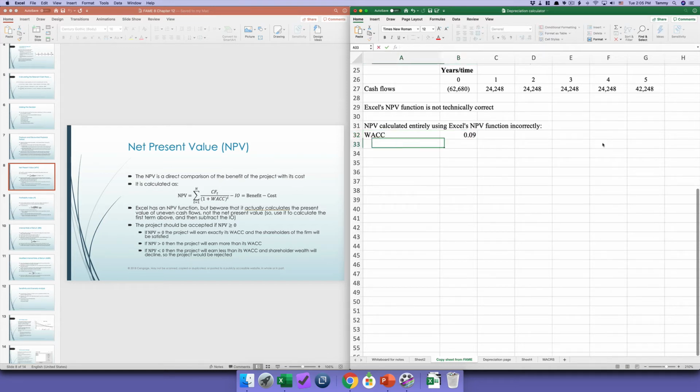Okay, so all you do to calculate it, so here's our incorrect calculation. It's a very simple function. Go NPV, here's our rate, put in a comma, and just grab those values.